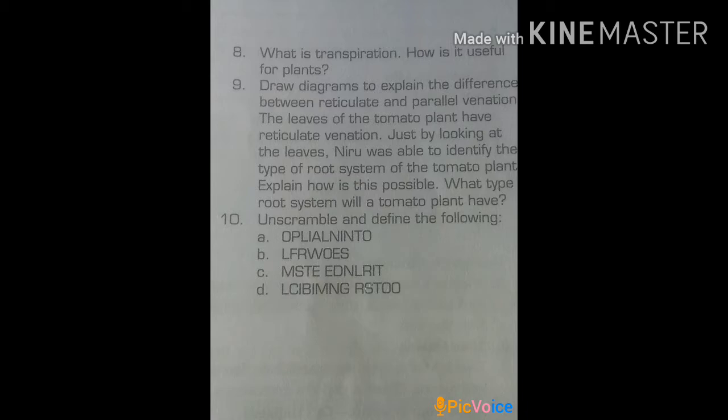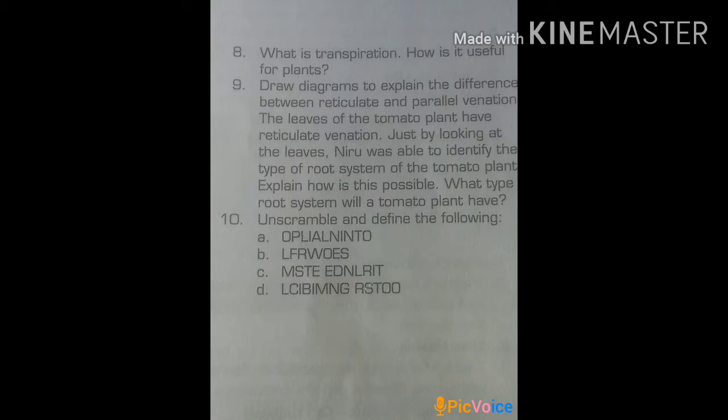That means here you are also observing that in one question, two questions are given. The first question is draw diagram to explain the differences between reticulate and parallel venation, and the second question is, look at the last part of the 9th question: what type of root system will a tomato plant have?